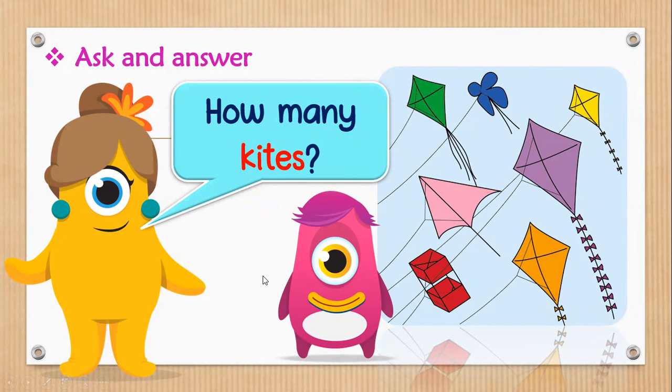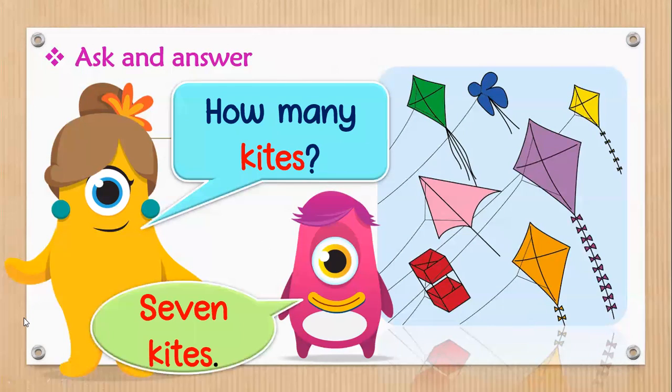What is the answer? Look here, in this picture, there are many kites. In order to know the answer, we should count. Let's count together. 1, 2, 3, 4, 5, 6, 7. So the answer is 7.